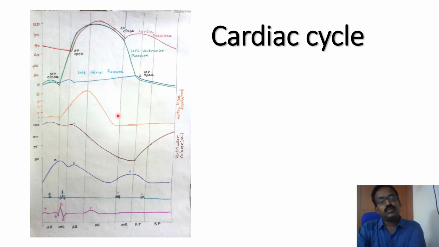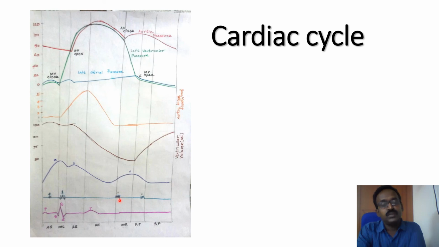Aortic flow gradually decreases, ventricular volume decreases, and this ends with the closure of the AV valves.